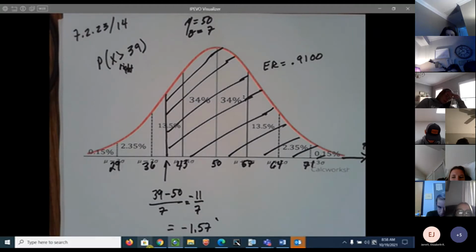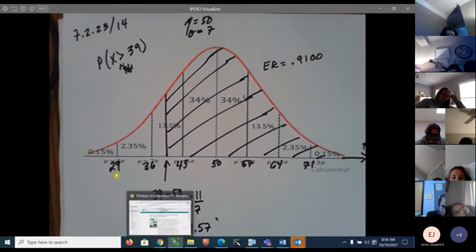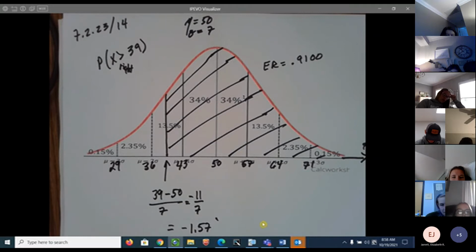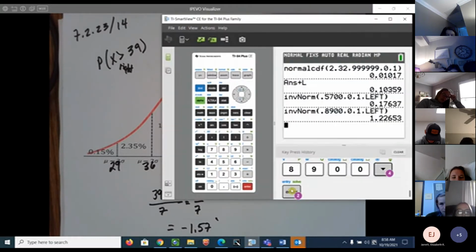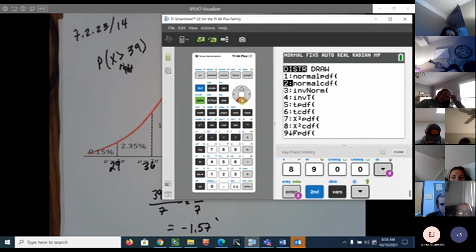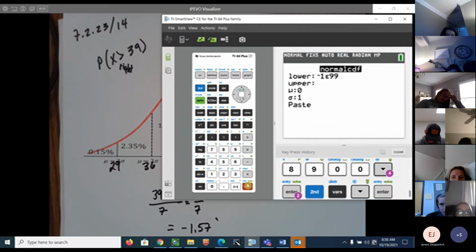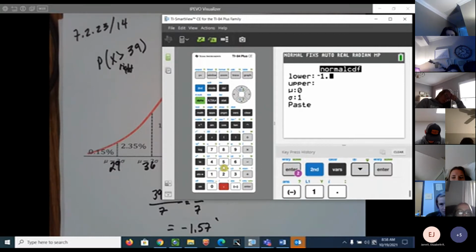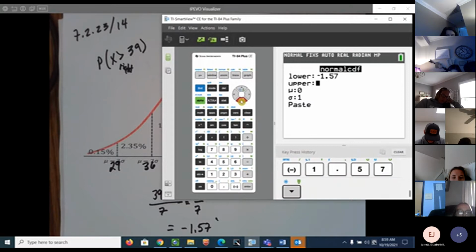If you got a newer calculator, you can type in the mean and the standard deviation, and it will give you the answer. So let's go to second vars, normal CDF, negative 1.57. If you have a newer calculator, you could just type in 39 and then fill in the mean of 50 and a standard deviation of 7, and it would give you the same answer.